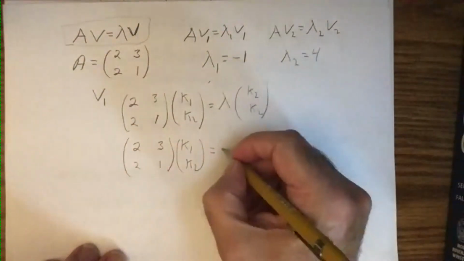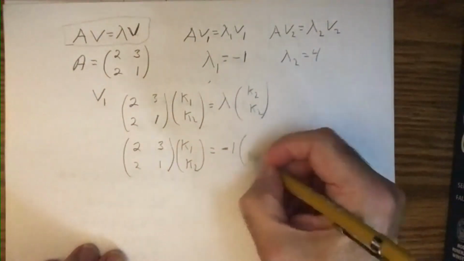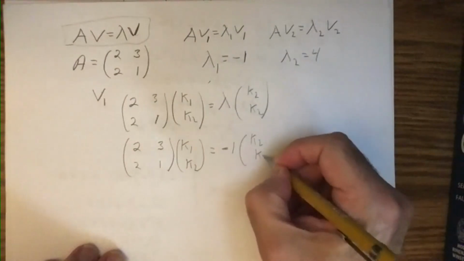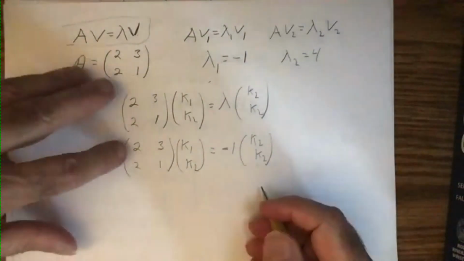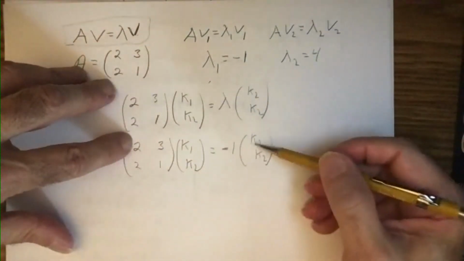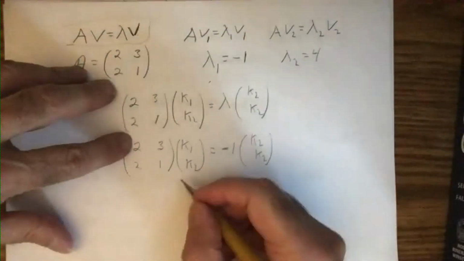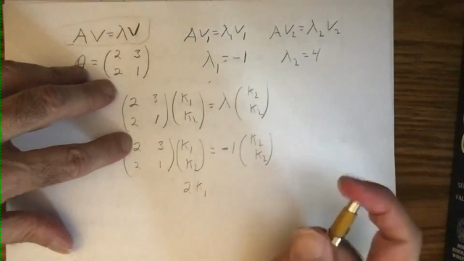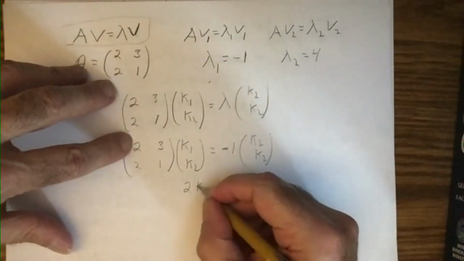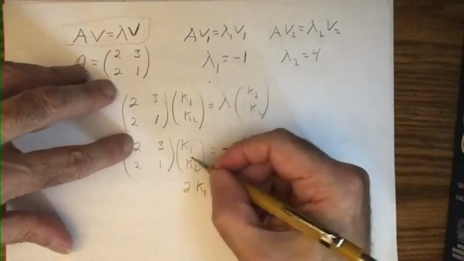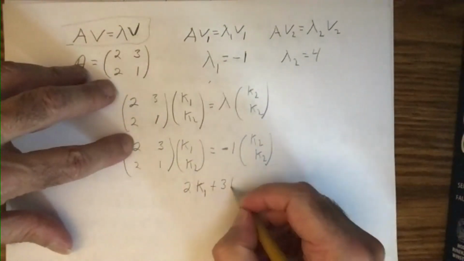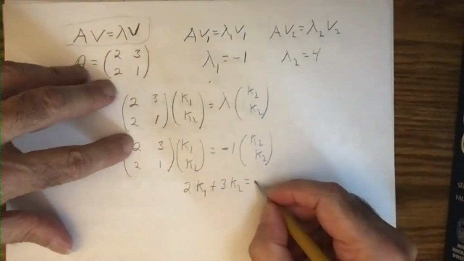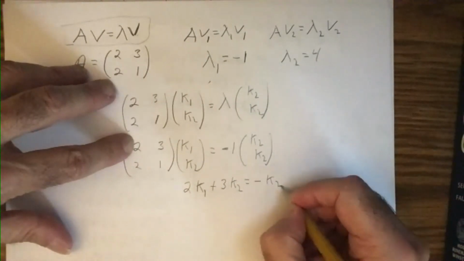And here now I'm going to put in -1. Okay. Now what's going on here? Row by row, they have to be equal. So in other words, 2 times K1 plus 3 times K2 has to be equal to minus K2.